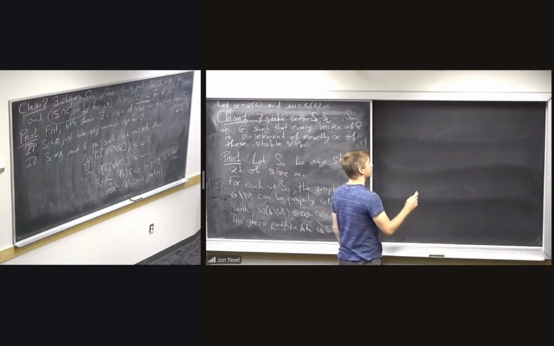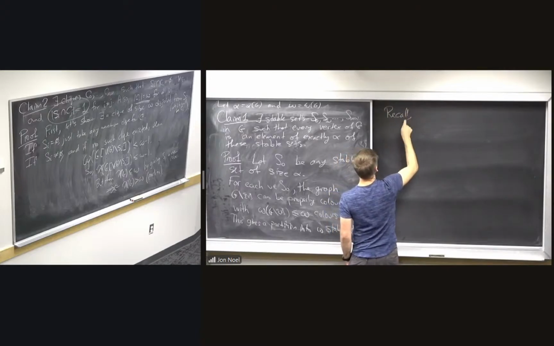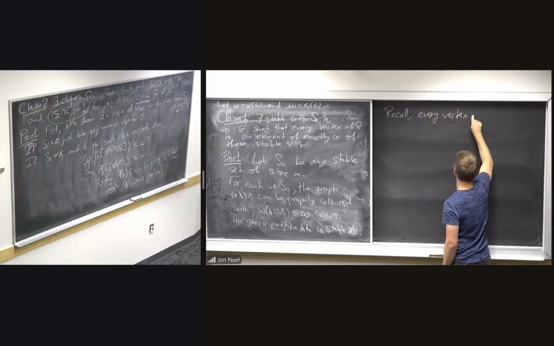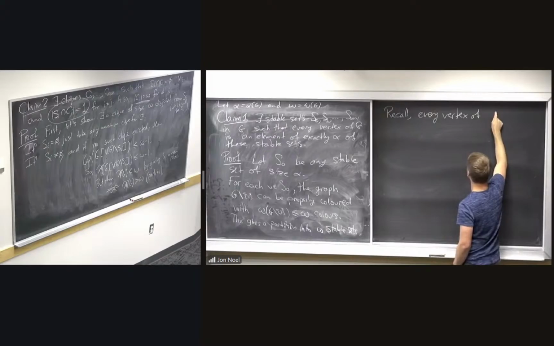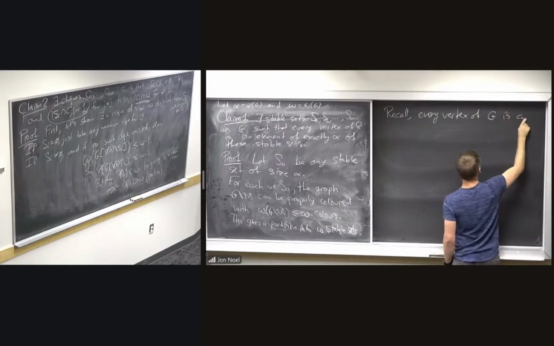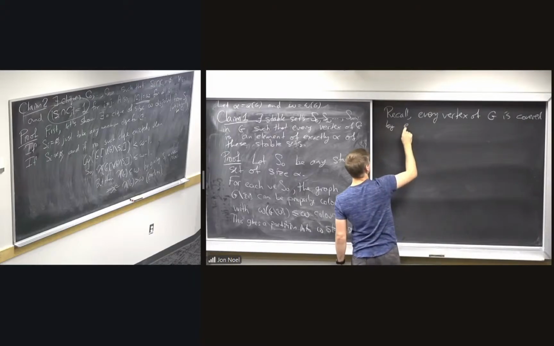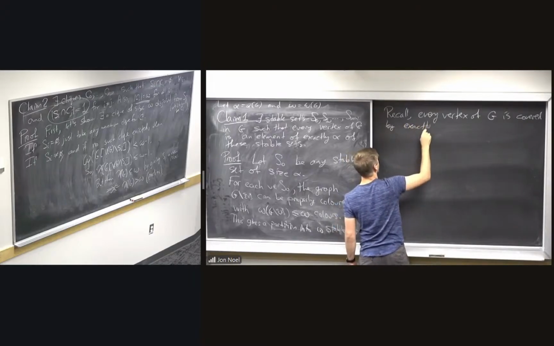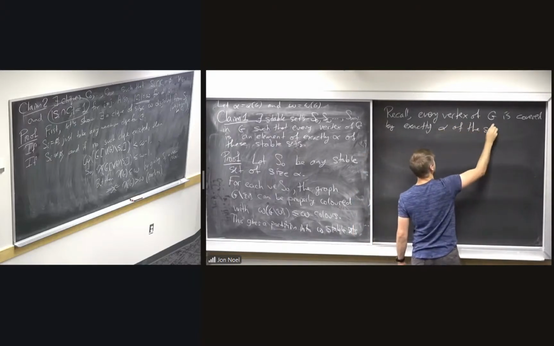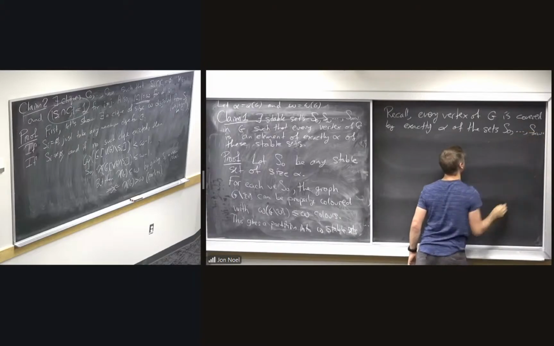Recall that every vertex of G is covered by exactly alpha of the sets S0 up to S alpha omega. It says it right there.